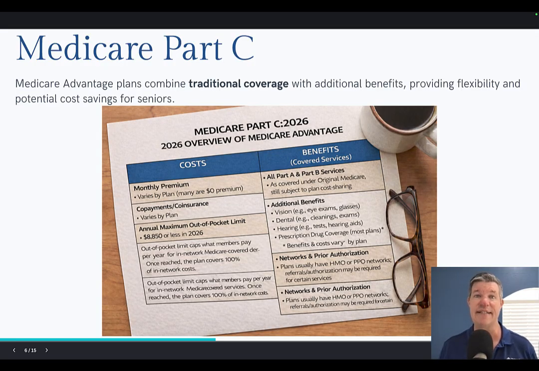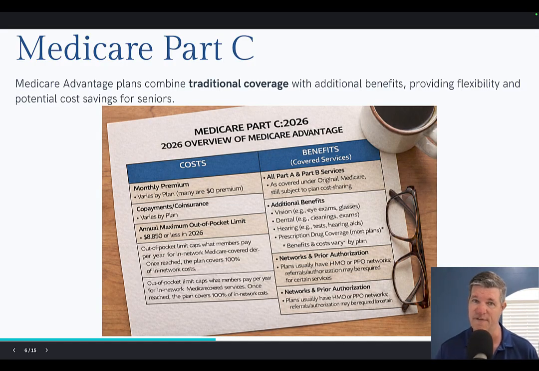What this does is it takes A, B, and usually, but not always, D, and combines them into one convenient plan. Some plans don't include Part D, and those are built for a specific reason, but you have to be careful.